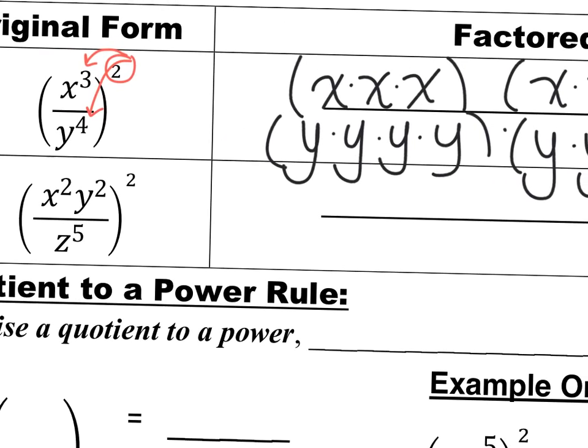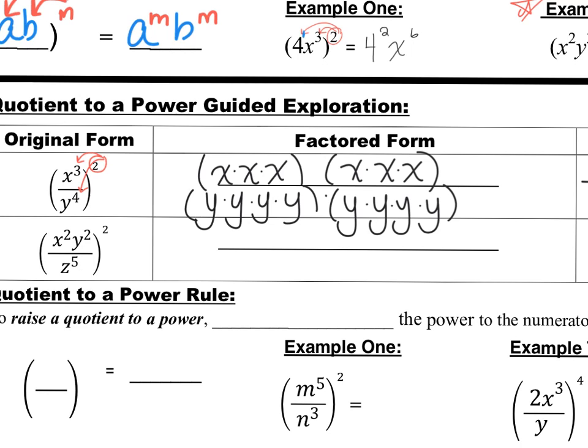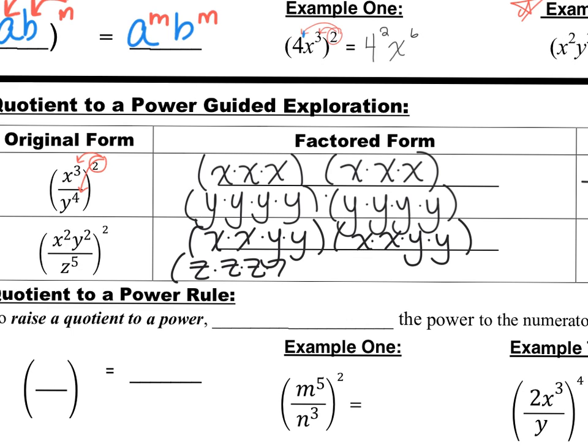Here I have x squared times y squared on my numerator, so that would be x times x times y times y, and I would have that twice. And in my denominator I would have z to the fifth, so that's 5 z's.